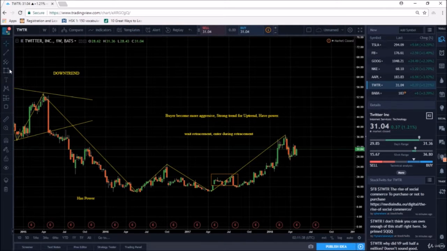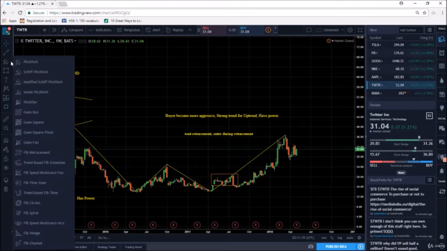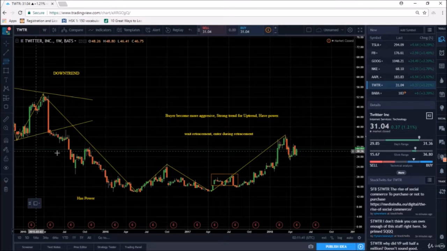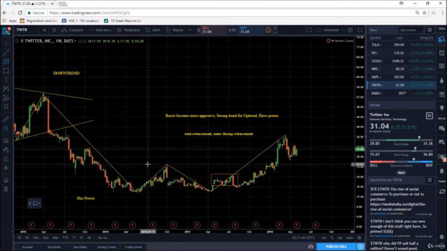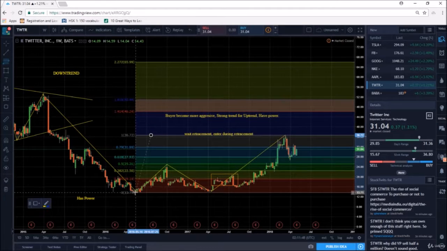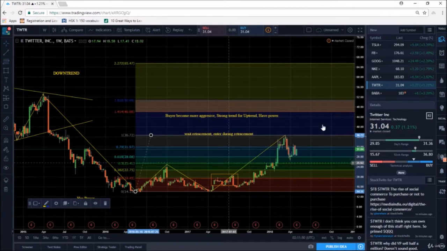All right, by using Fibonacci retracement, so this is 0 and this is 100. You can see where your projected target price is.